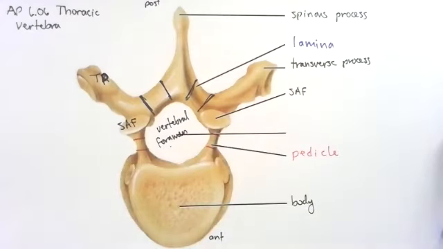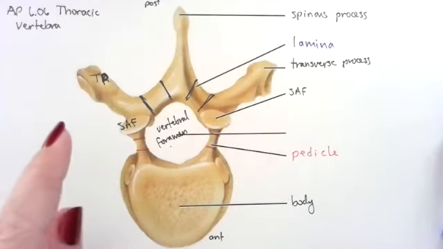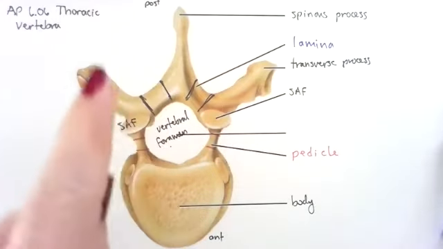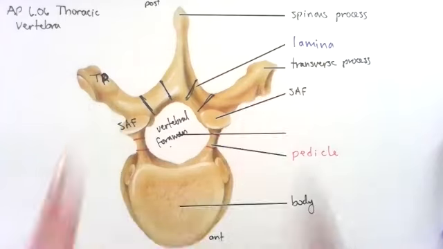So it wouldn't make sense to try to operate if they wanted to get to your pedicle. They'd have to come in through your abdomen and come back and somehow get around the body, which would be pretty awkward. So the things that all vertebrae have, we have our superior articulating facet, spinous process, vertebral foramen, transverse process.